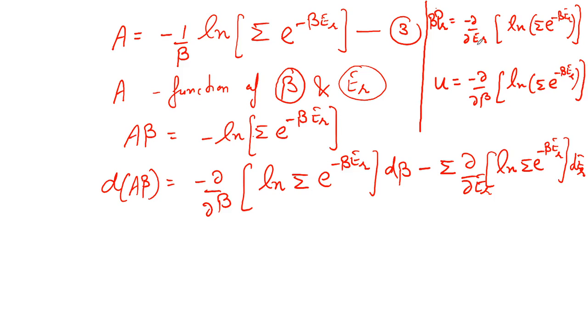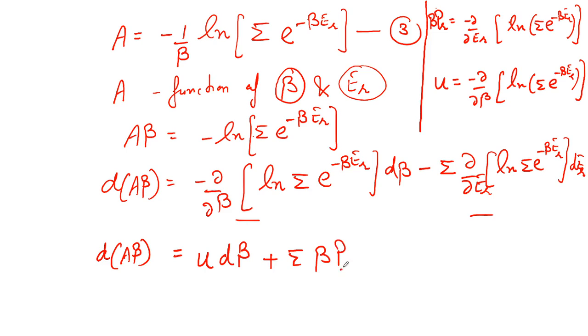These are the two derivative equations. Putting these derivatives into the equation, it becomes d(A beta) equal to U d beta plus the summation of beta P_r dE_r. This is what we get.